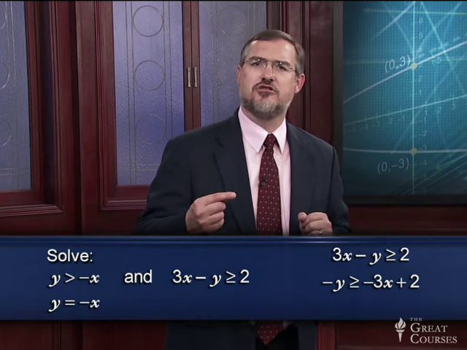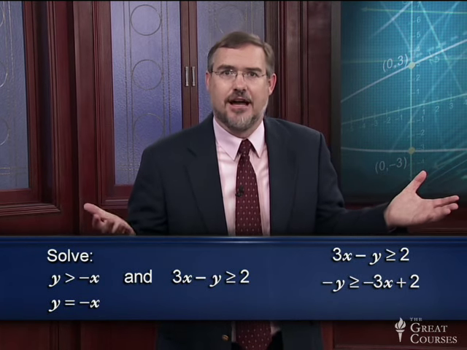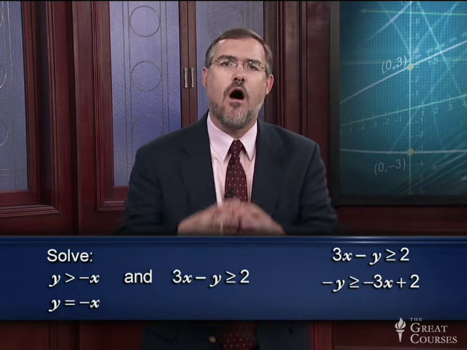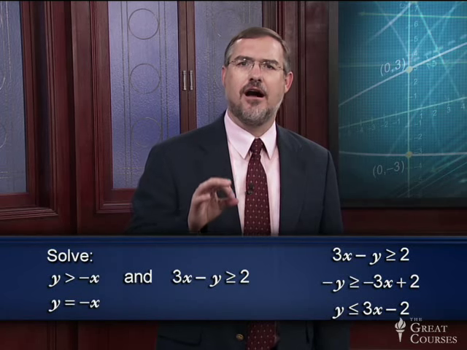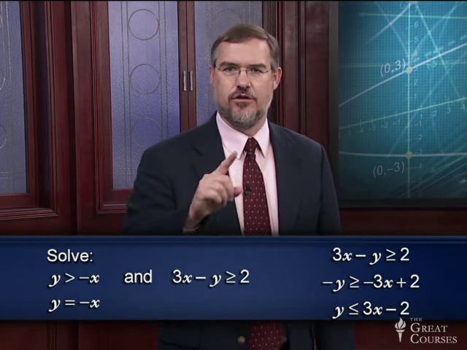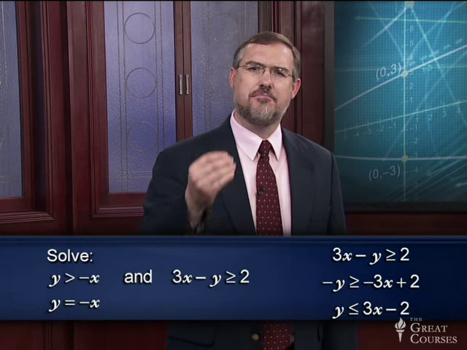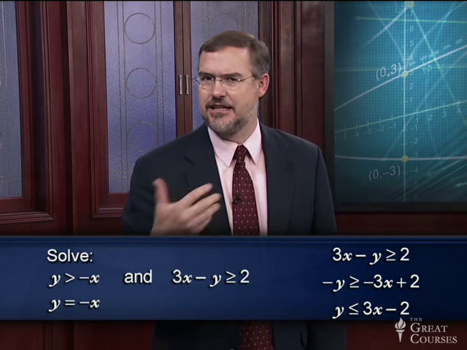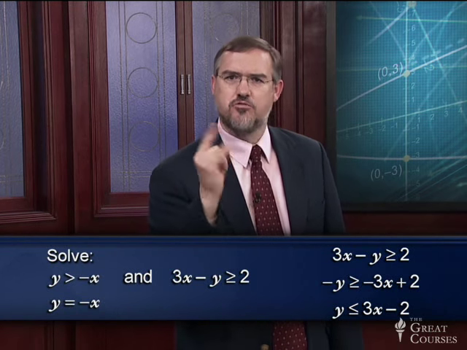In order to clean that up just a bit more, I want to multiply by negative 1 or divide by negative 1 so that I just have y on one side. And when I have that, I'll have y is less than or equal to 3x minus 2. When you multiply or divide by a negative number like negative 1, that's when the inequality symbol must switch.